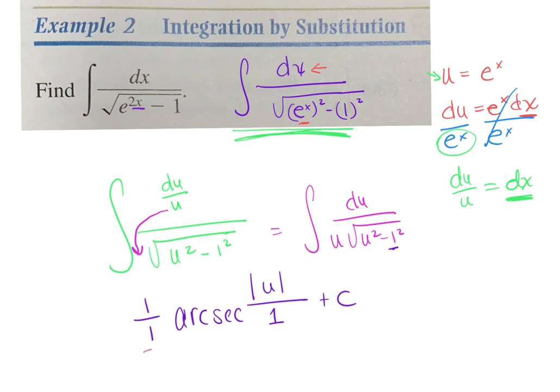I don't really need to write this 1 over 1, do I? That's unnecessary. Arcsecant. Absolute value of my u. My u is e to the x. Will e to the x ever be negative? No. So I don't even need an absolute value there, or the 1 in the denominator, because that's also repetitive, plus c. This doesn't seem too difficult.